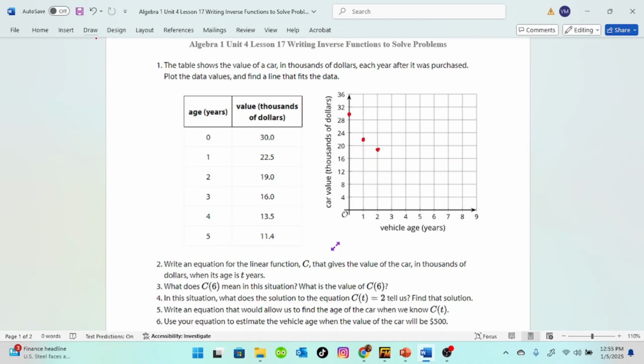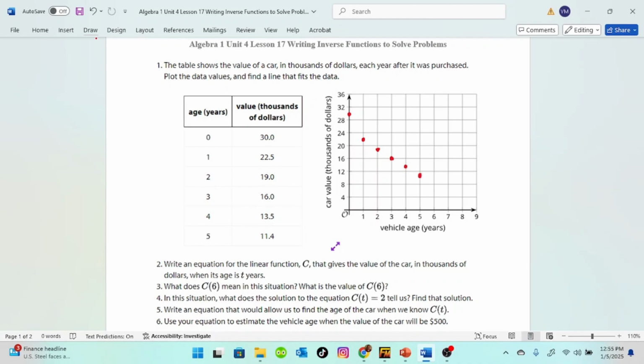Then we have 3, 16. We go over to 3, up to 16. Then 4, 13 and a half. Over to 4, up to 13 and a half. And finally, 5, 11.4. So we go over to 5 and up to 11.4.